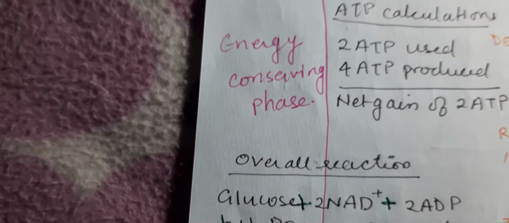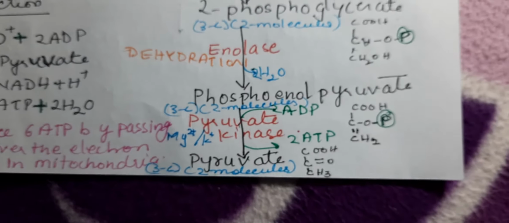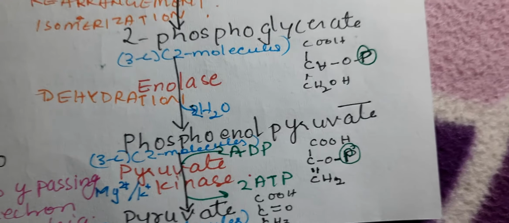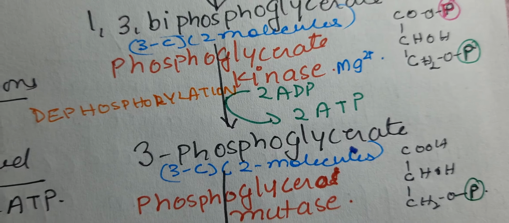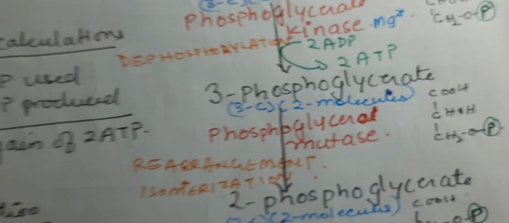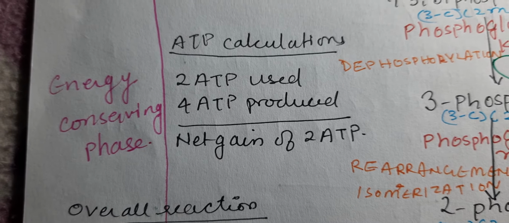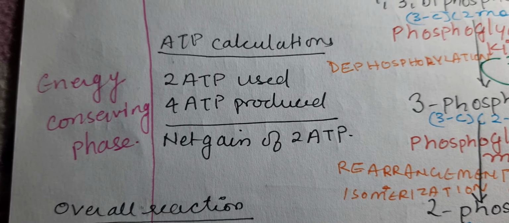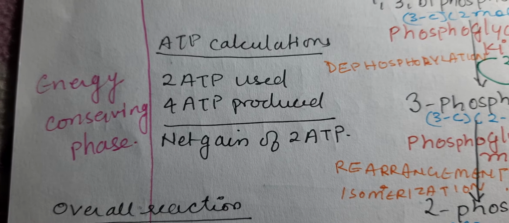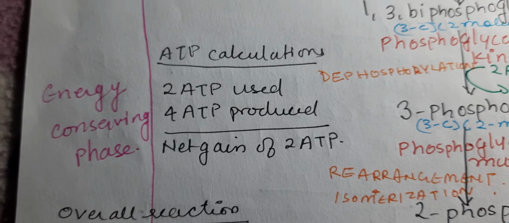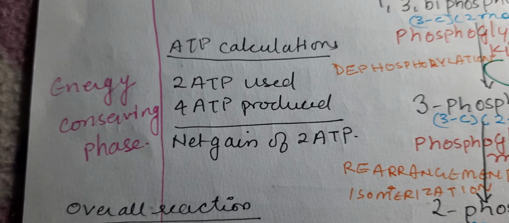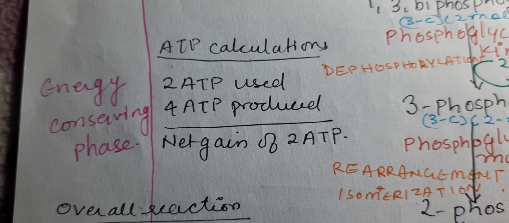And during energy conserving phase, you can say here 2 ATP are produced and here 2 ATP are produced. So total 4 ATP are produced and 2 ATP are used up if you see the whole process of glycolysis. So there is net gain of 2 ATP during the glycolysis. So we will say there are 2 ATP which are produced during the glycolysis.